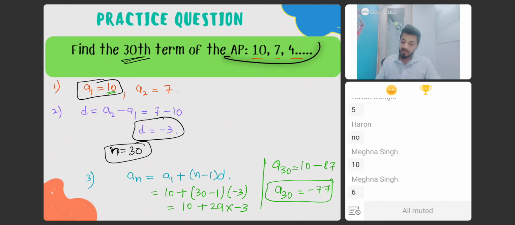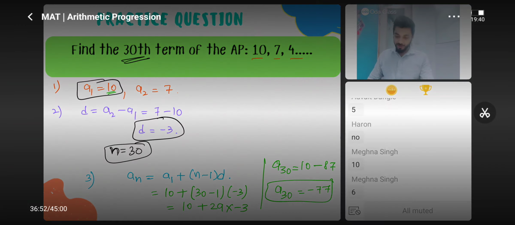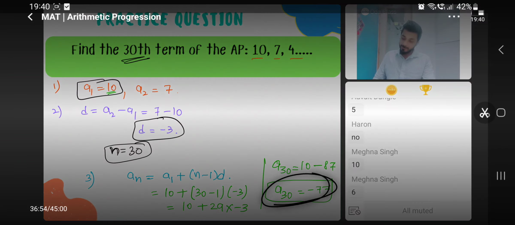This is a decreasing arithmetic progression. If you recall, we have discussed increasing and decreasing arithmetic progressions. Decreasing means the numbers are decreasing, 10, 7, 4, they are getting smaller, so that means if there is a decreasing AP, then definitely the common difference is negative.